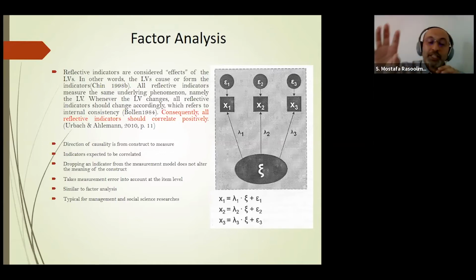So when we measure satisfaction based on different aspects, these aspects are not necessarily correlated. I can be satisfied with service, but not with personnel. I can be satisfied with environment, but not accessibility of hotel, right? So they are not necessarily correlated. This type of measurement model, or this type of items to measure a variable, is formative items and formative construct.